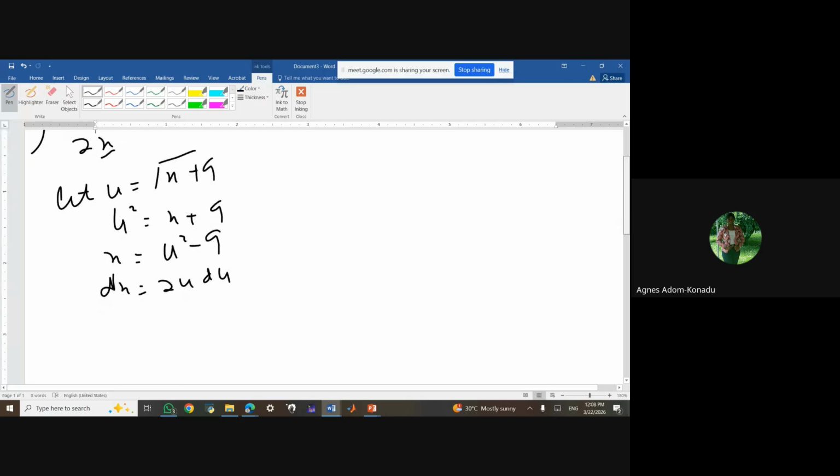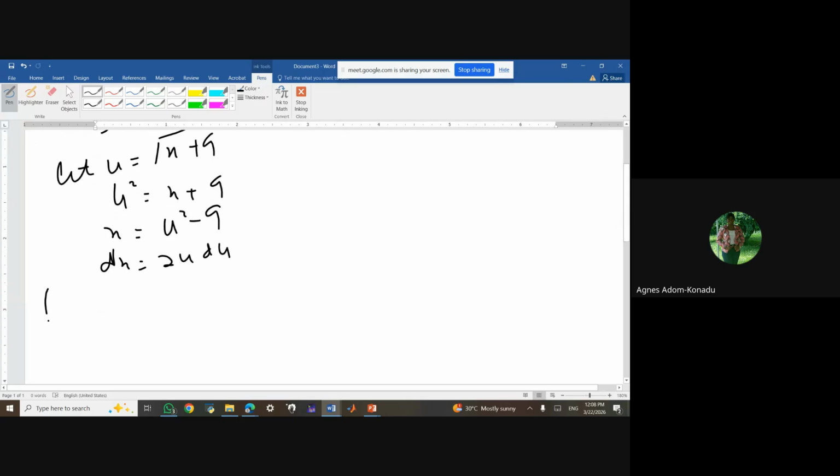So I go back and make the substitution. The function now becomes the integral of the numerator u divided by my denominator 2 times x, and now my x is u squared minus 9, and then my dx is 2u du.